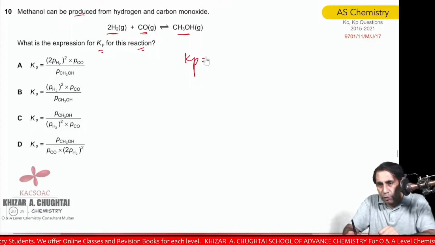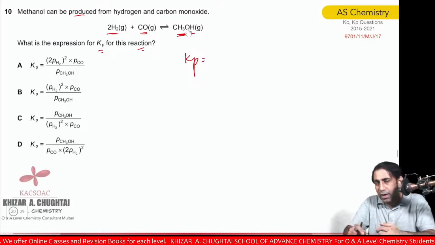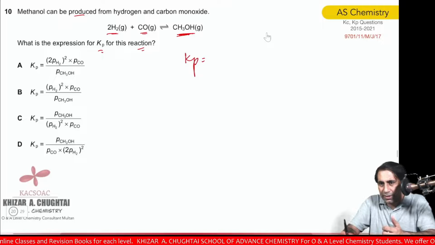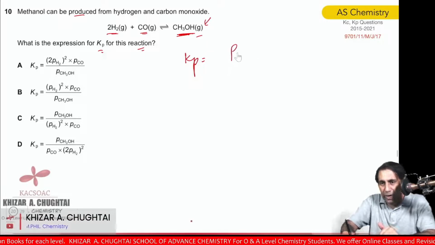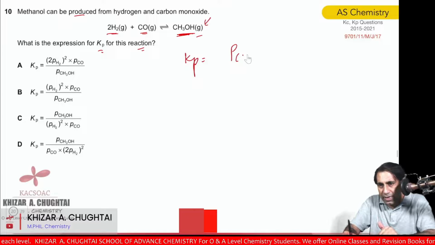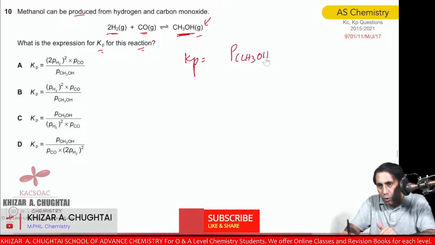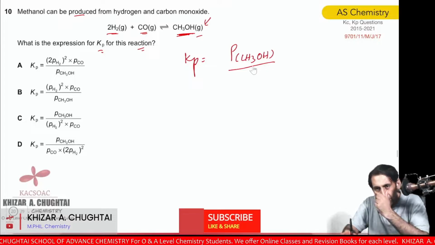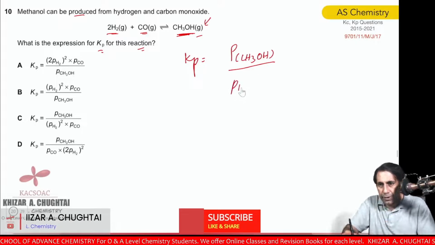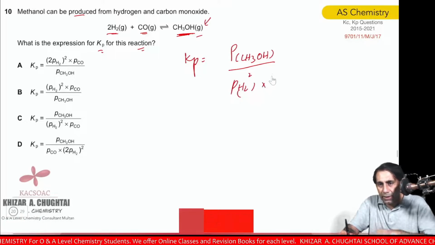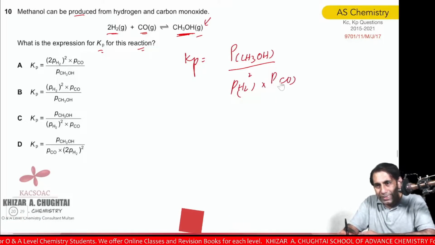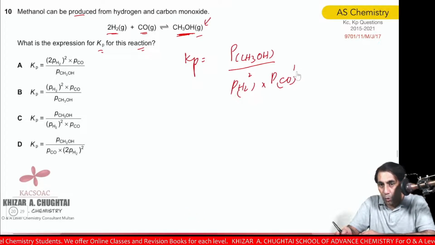Kp is equal to the species present on the right hand side, if in the form of a gas, so the partial pressure of CH3OH divided by the partial pressure of hydrogen raised to power 2 multiplied by the partial pressure of CO raised to power 1.